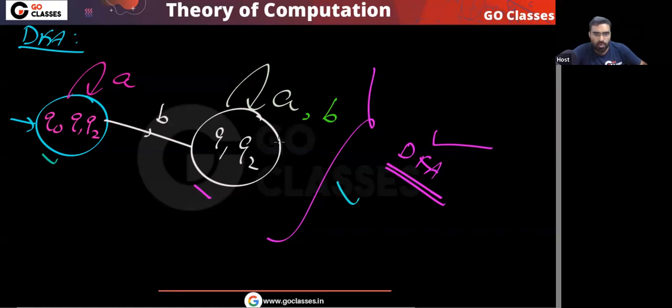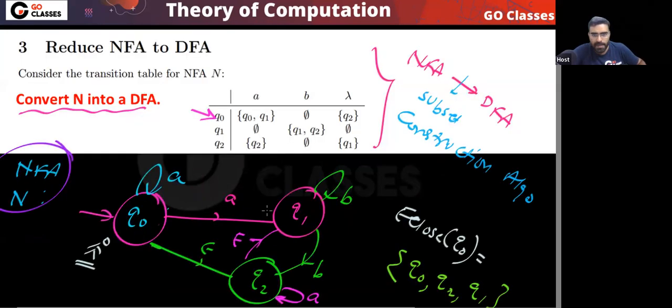Kavya is saying that on B it is going to phi. Who is going to phi? Q1, Q2 on symbol B. Let's see. This Q1 on B is going to Q1, Q2. Yes or no? Notice, Kavya.